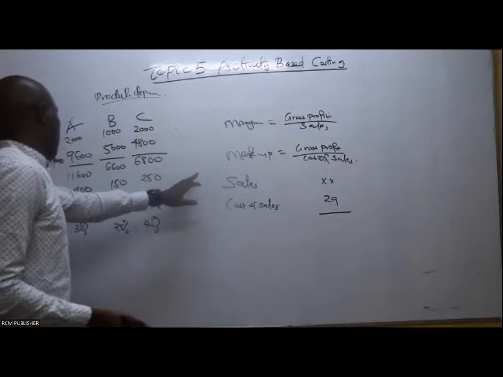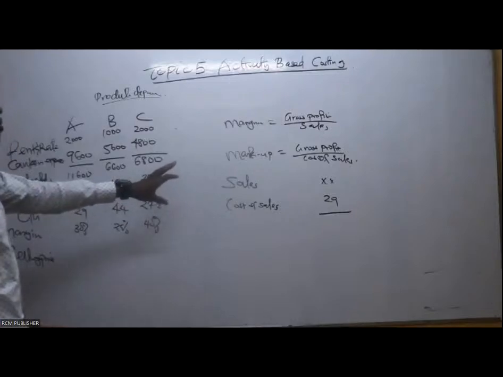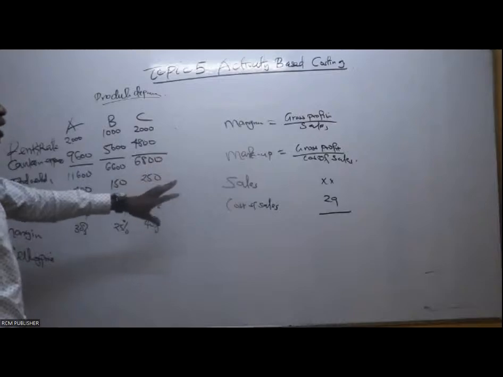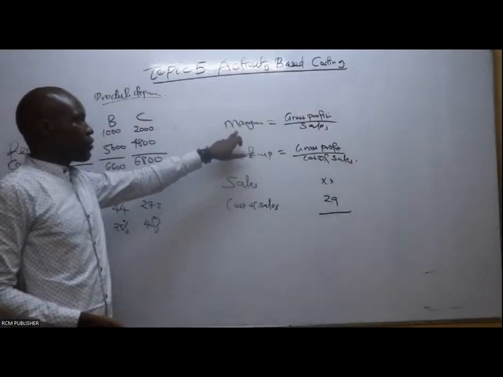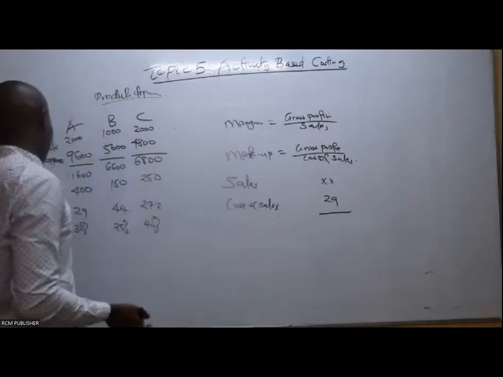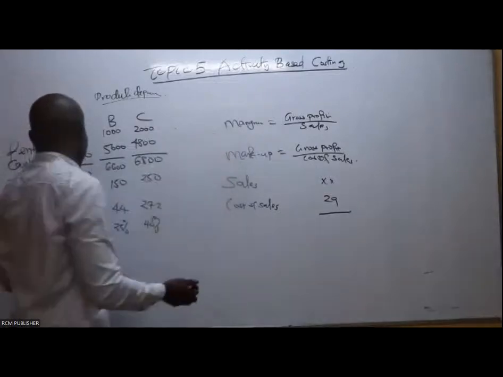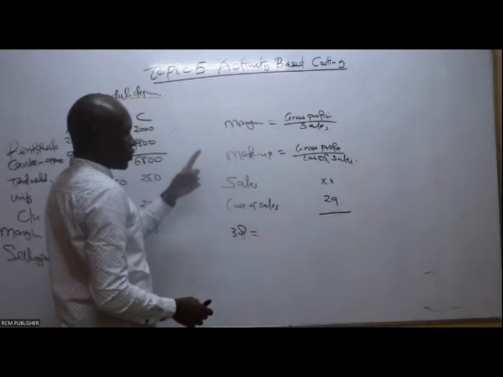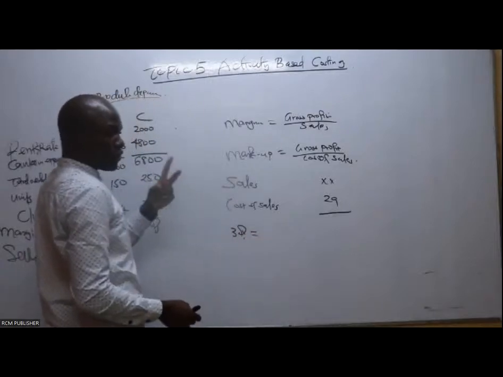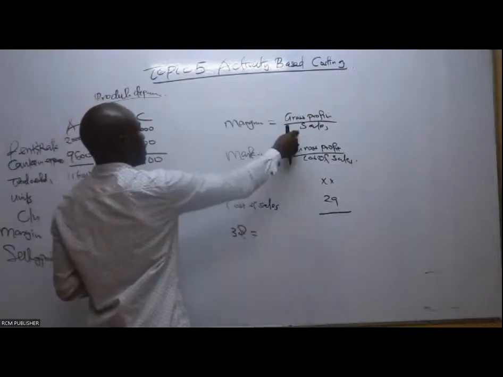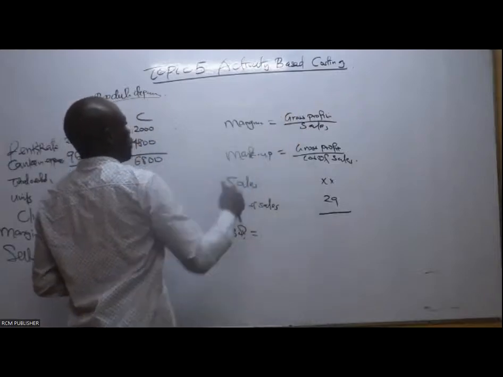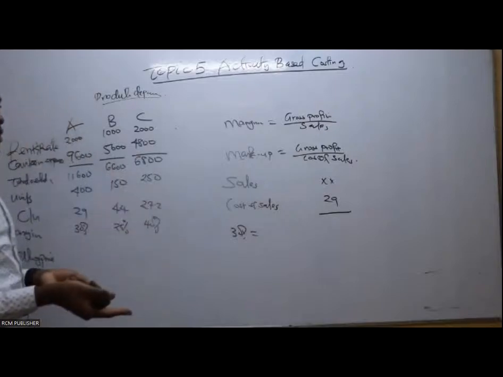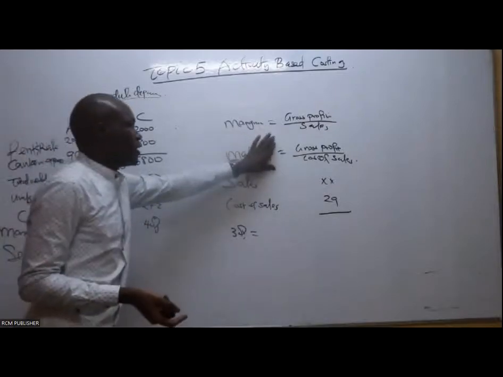We have margin and also markup. If this is the margin, let's have 30% is equal to gross profit over sales. So we have two unknowns, we do not know sales and we do not know gross profit. Now, what about if we say this one is markup?